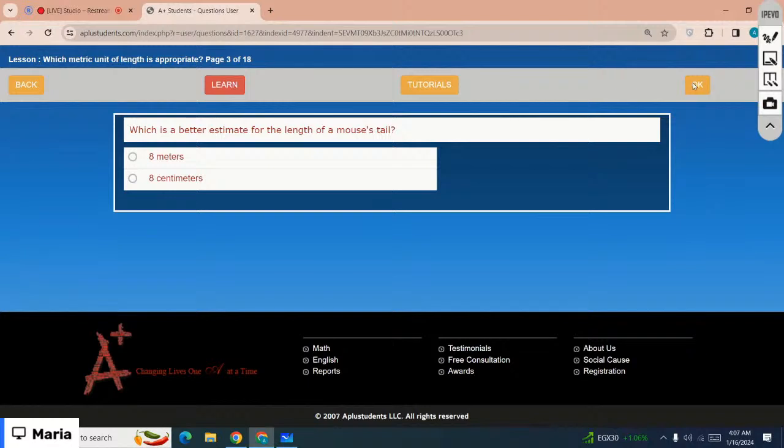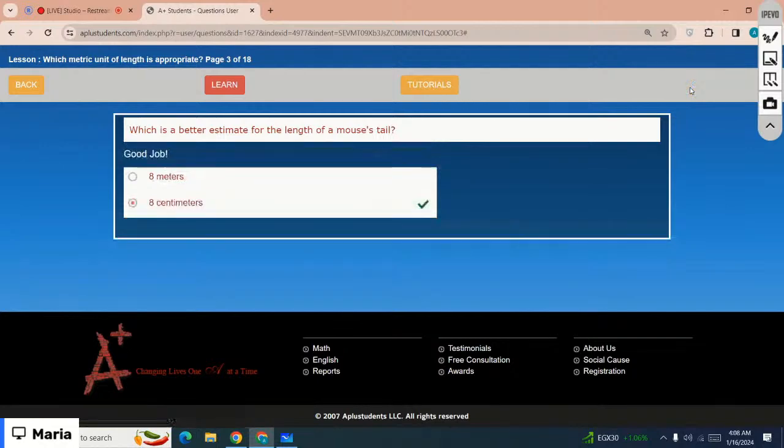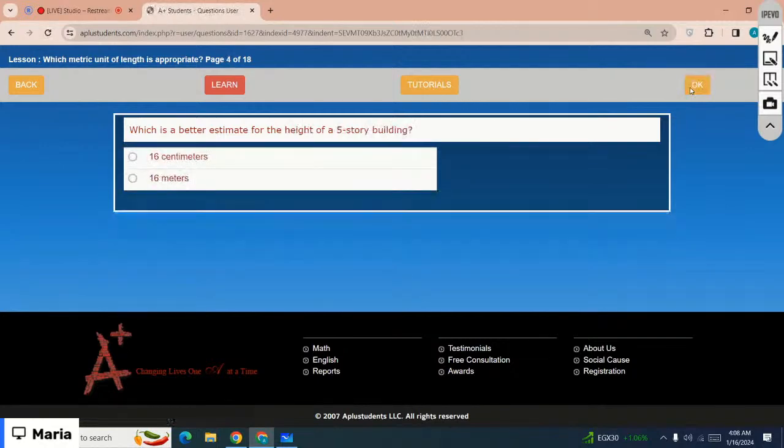So that would be 8 centimeters because meter is too long for the length of the mouse tail, right? So that would be 8 centimeters. Got it?